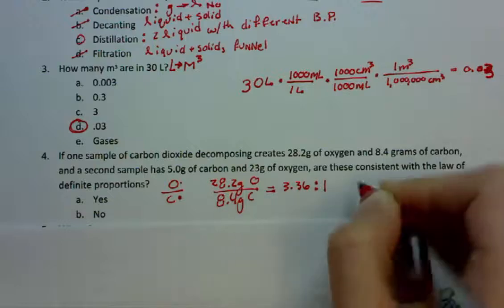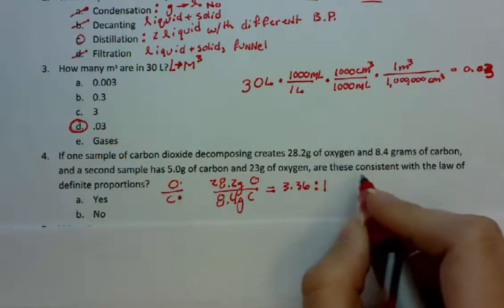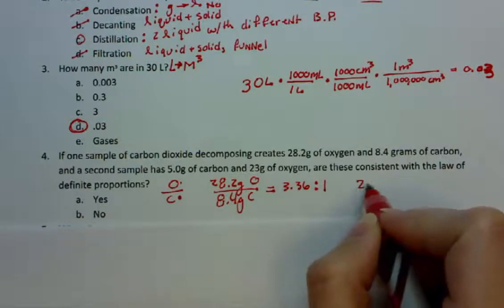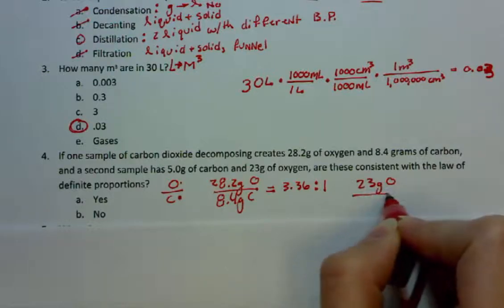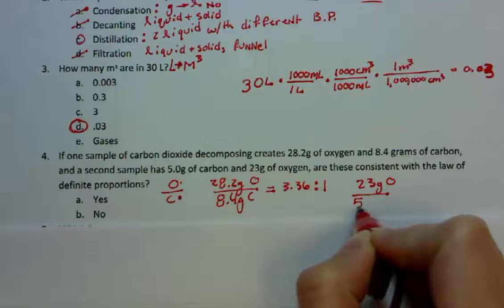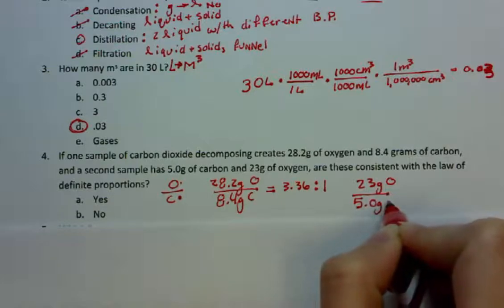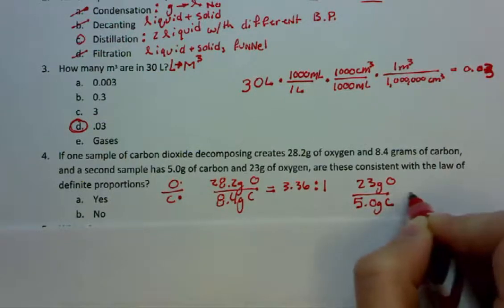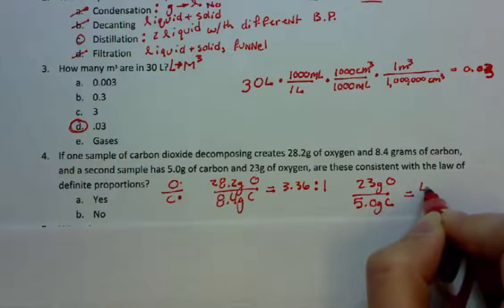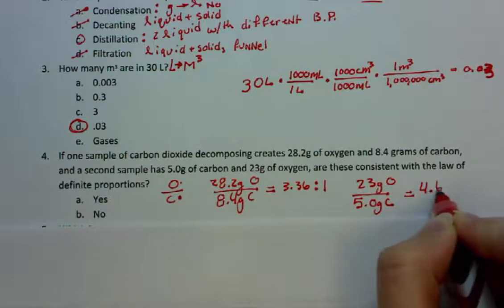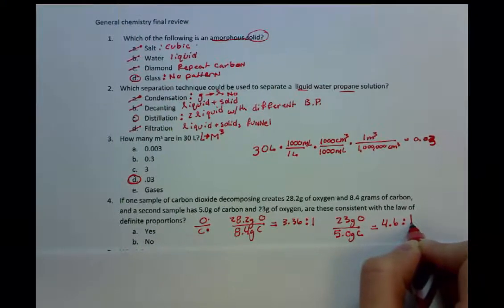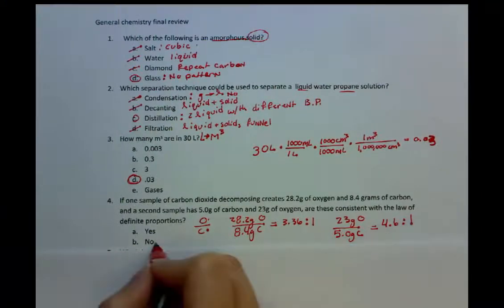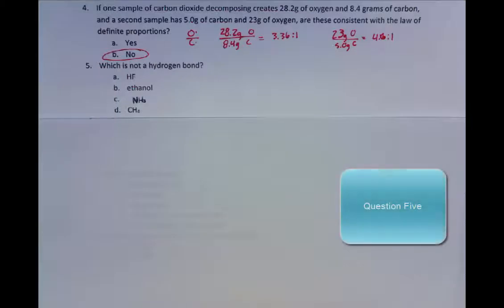For reaction 2, we have 23 grams of oxygen, 5 grams of carbon. This is equal to 4.6 for every 1 carbon. Since these are not the same ratios, it does not follow the law of definite proportions. The answer is B. We move on to question 5, which is not a hydrogen bond.